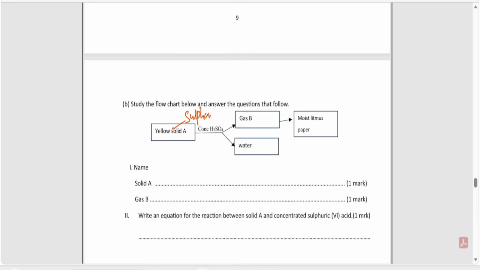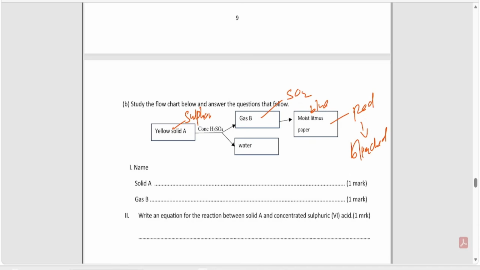It reduces concentrated sulfuric acid to sulfur IV oxide and water. When this gas is tested with moist blue litmus paper, it turns red and it is later bleached.